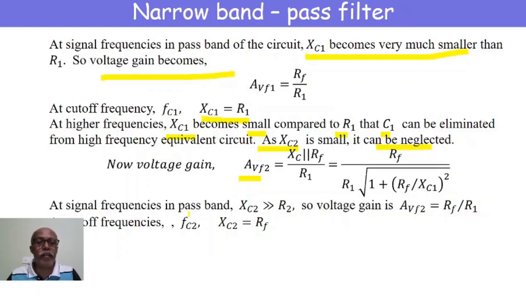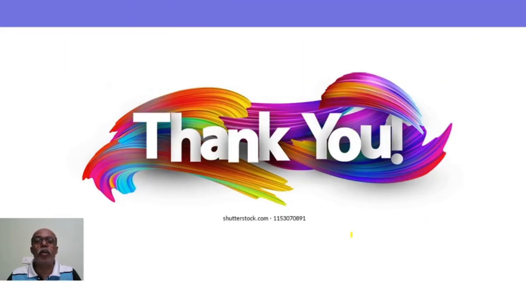At signal frequencies in the band pass, XC2 is greater than RF, such that the voltage gain AVF2 is equal to RF by R1. At the cutoff frequency fc2, XC2 will be equal to RF. This is about the narrow band pass filter.